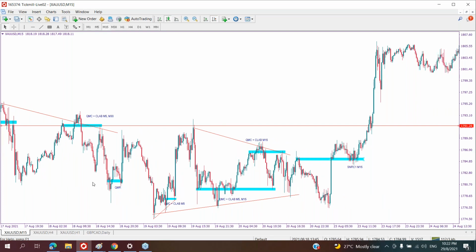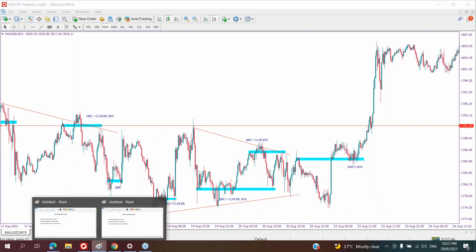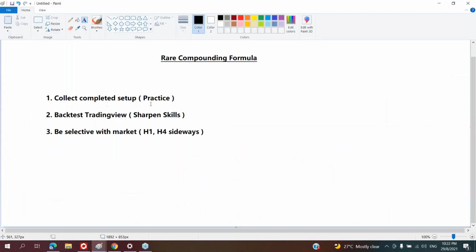Next, we backtest. After you can catch up with the completed setups and practice with them, you can move to TradingView.